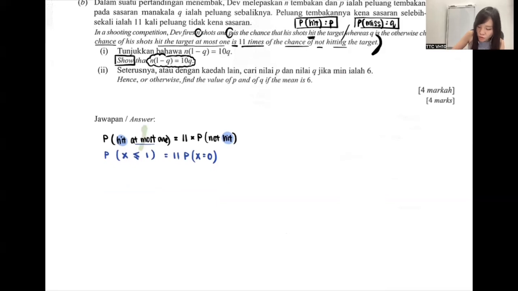So X less than or equal to 1, sorry, wrong pen. Less than or equal to 1. Include what? 1. Less, ma. And then 1. What? Who is less than 1? 0. Only got 2. So you're going to find the probability for 1, or, right, plus, probability for 0, will equal to 11 times probability for 0. So you see, every single thing I write for hit, therefore these two can join together.